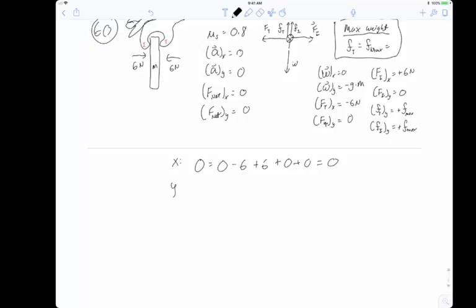What about the y direction? Acceleration is also 0, force is 0.